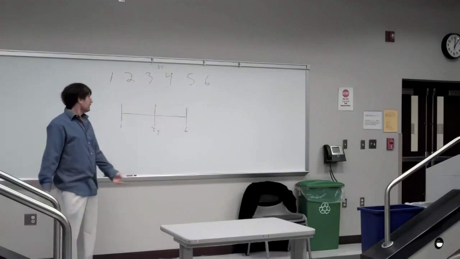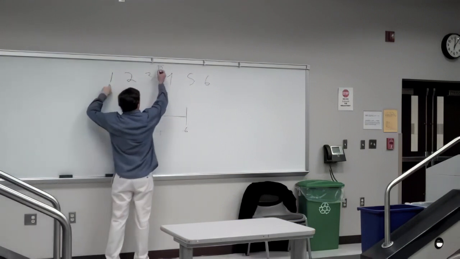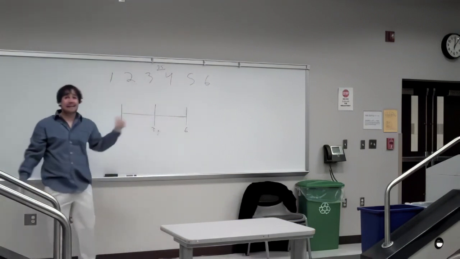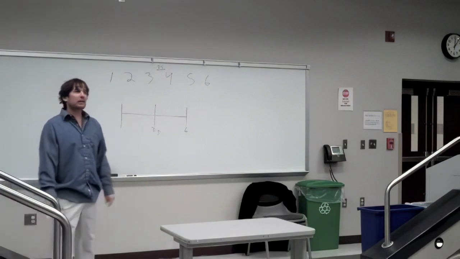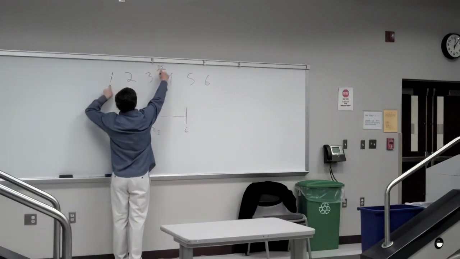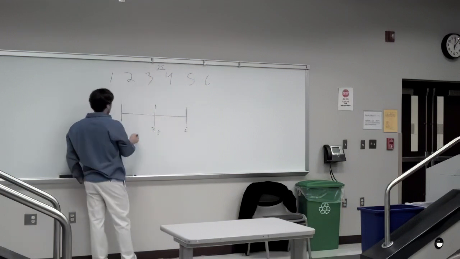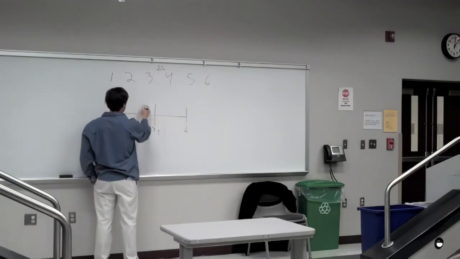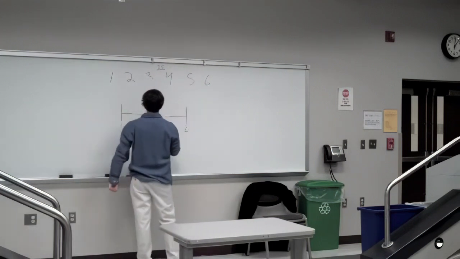Now what do we do? The lower hinge is between our lowest value and the median. Now that median is not a number in our list, but we still use it because our lower hinge is from the lowest number to the median. So if I do this, my lower hinge is still 2.5. And then if I do this, my upper hinge is still 4.5.